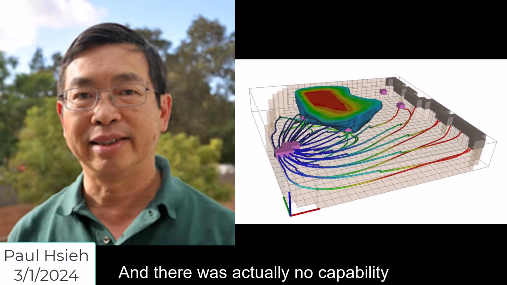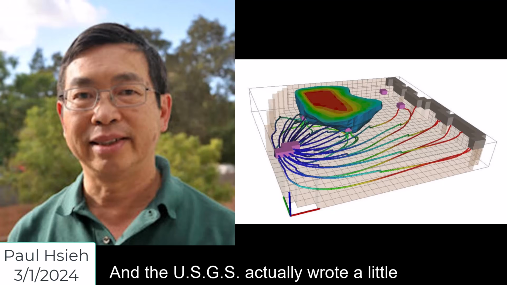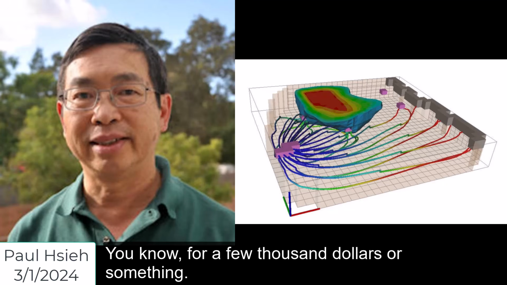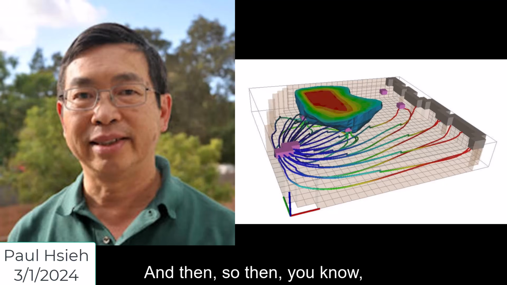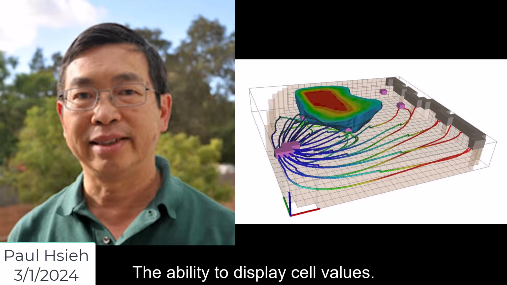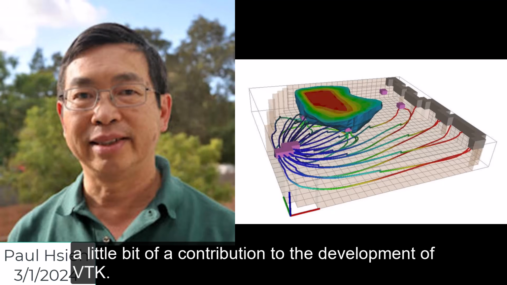And there was actually no capability for displaying cell values. So I actually got in touch with them, and the USGS actually wrote a little contract with them to add that feature in, so for a few $1,000s or something. And then that became another feature of VTK, the ability to display cell values. So we actually had a little bit of a contribution to the development of VTK.